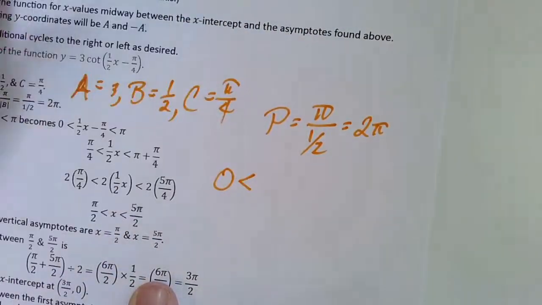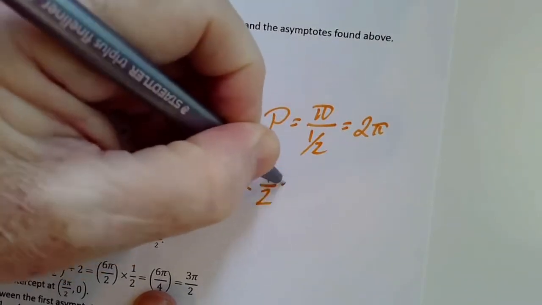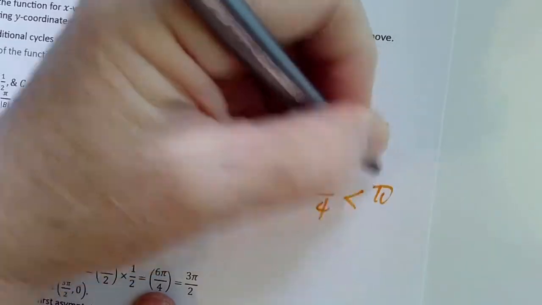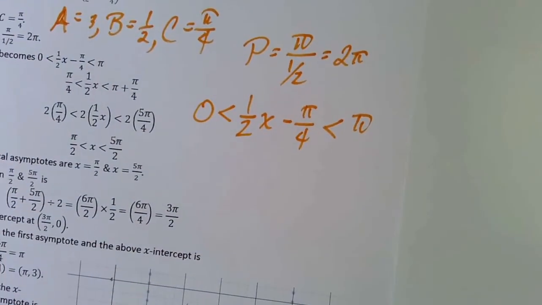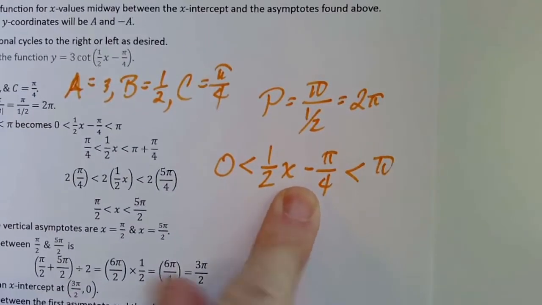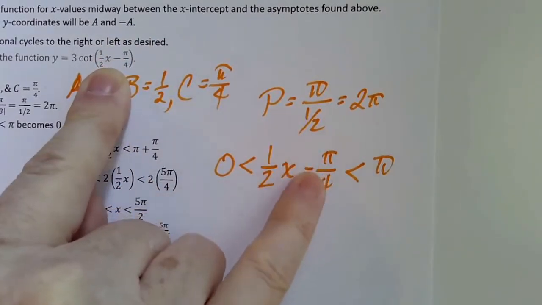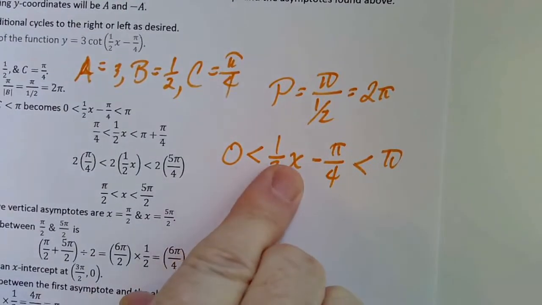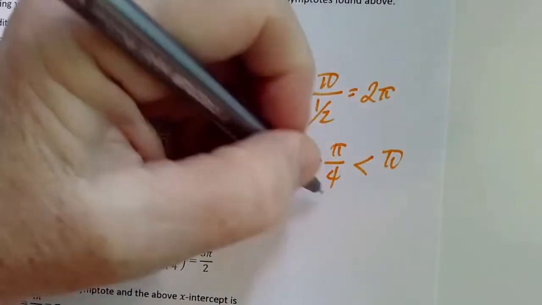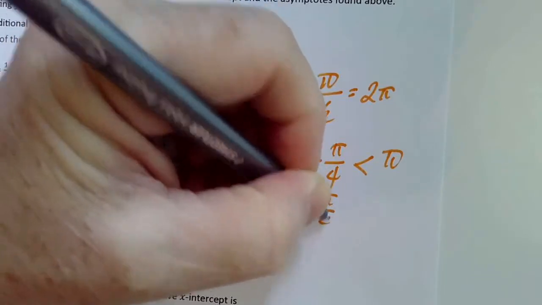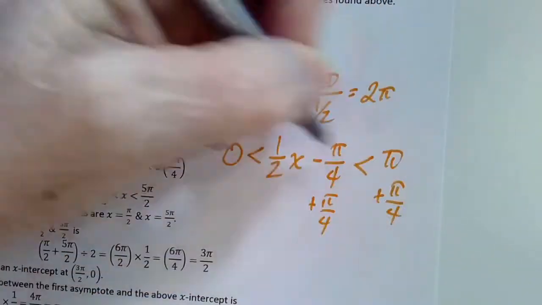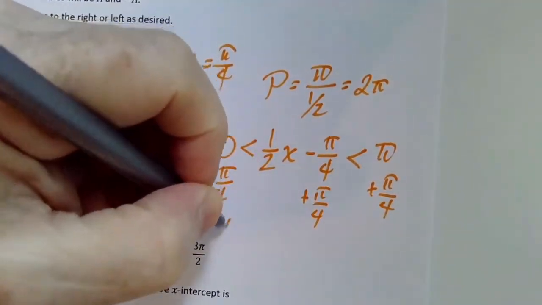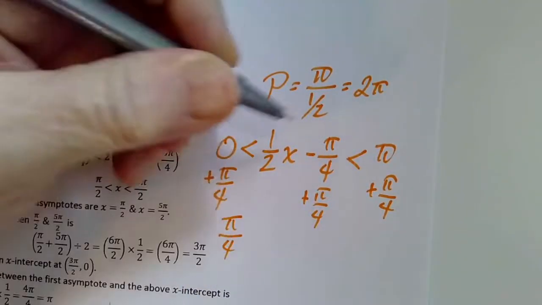0 is less than 1/2 x minus pi over 4 is less than pi. We always put the argument in between 0 and pi, and we're going to try to get x alone in the center. Well, the first step is adding pi over 4 to every side. On the left, we'll get pi over 4.